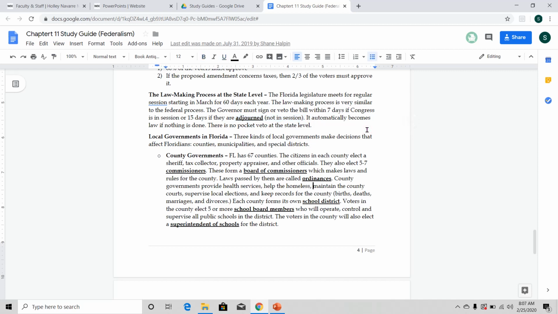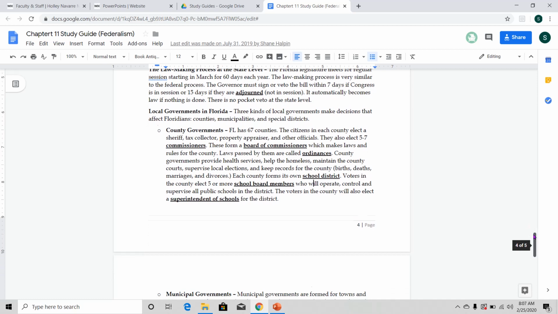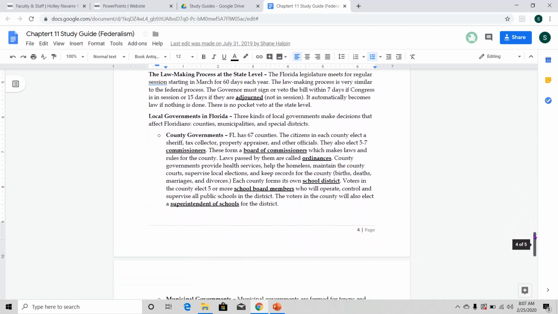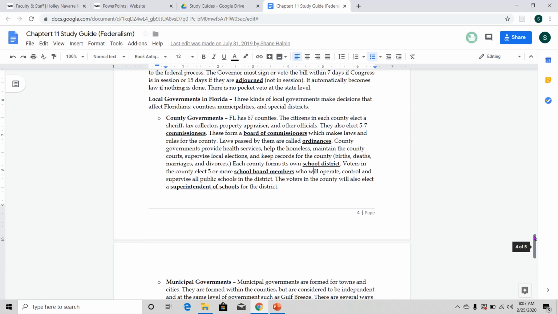Okay, so local government, of course, this is the one that I said can be tough because a lot of people aren't always as interested in your local. But we talked about how your local governments run, and we've got 67 counties, and we talked about how each county kind of runs their own schools.